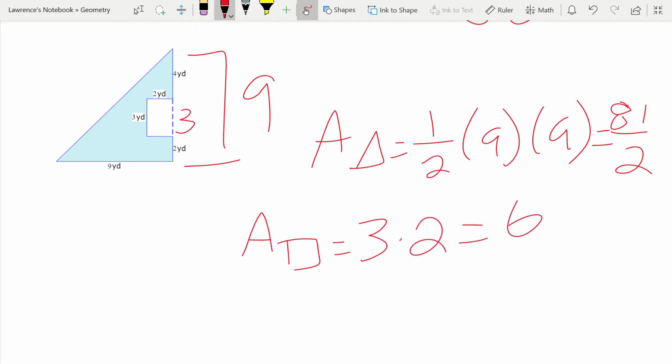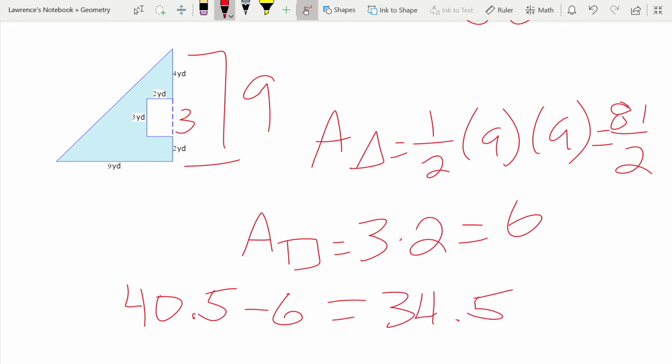So 40.5 minus 6 is 34.5. I just subtracted them.